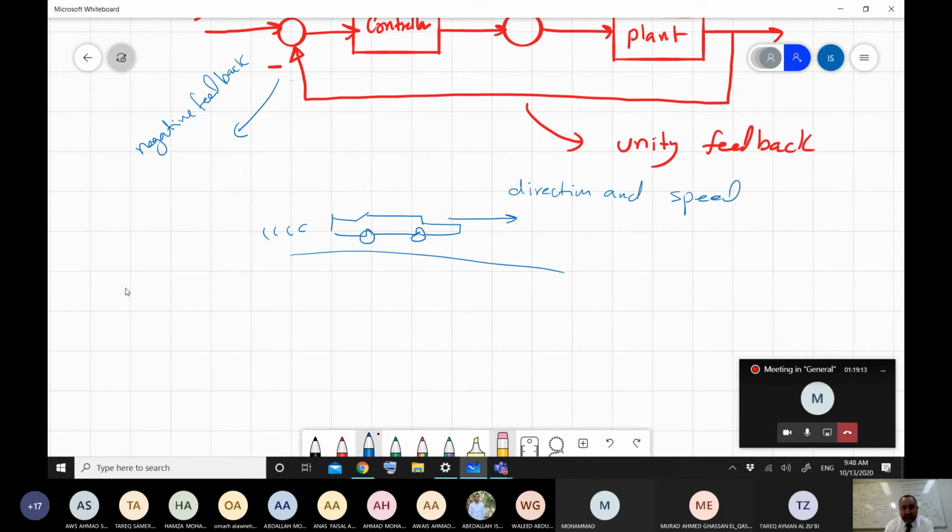I need you to specify the basic elements of the control system. I need you to specify the input, the output, the sensor and the disturbance. Who can give me the process here as well?